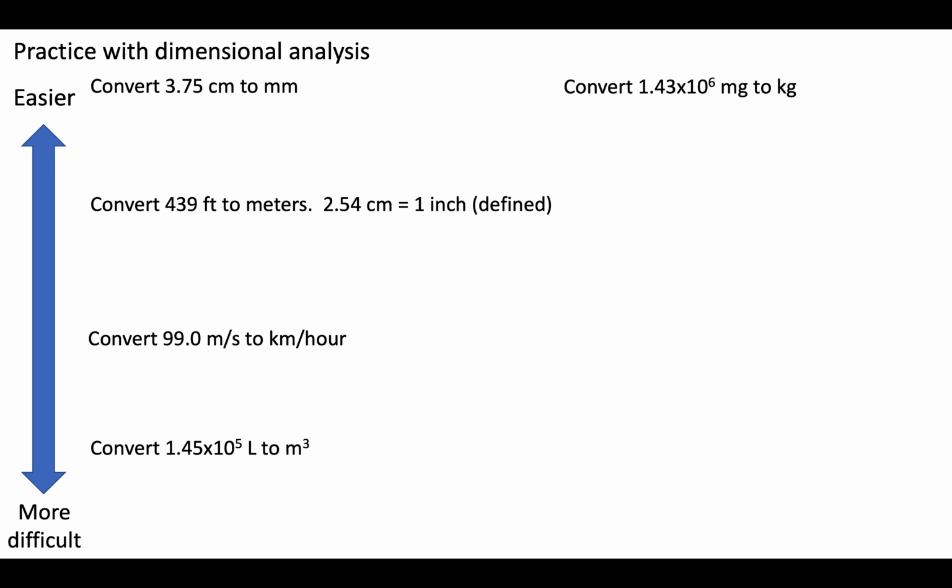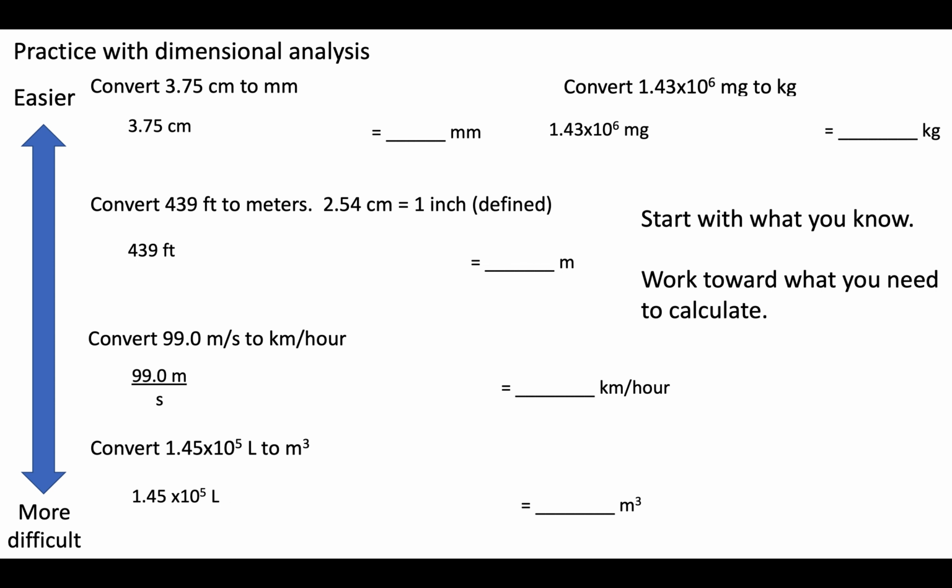Here I show a progression to allow students to practice dimensional analysis, and I'm going to use this to point out a few different features. All of these examples we could begin with saying, let's start with what we know and work toward what we're seeking to calculate.